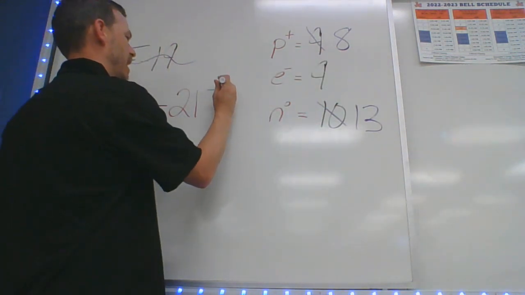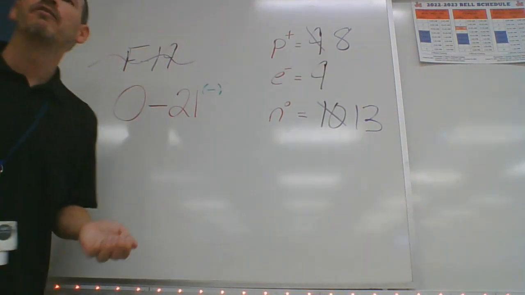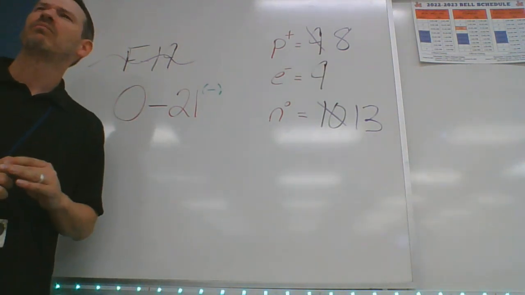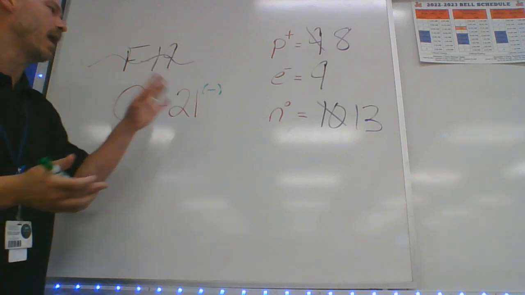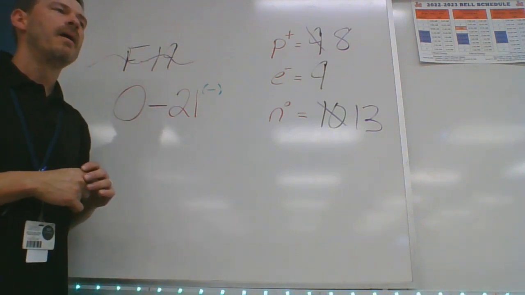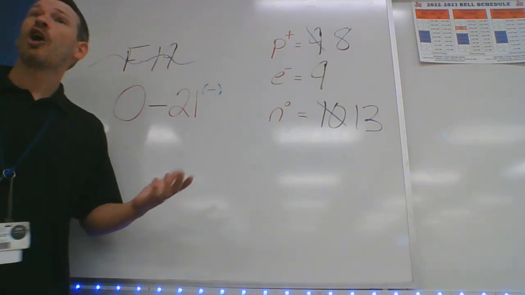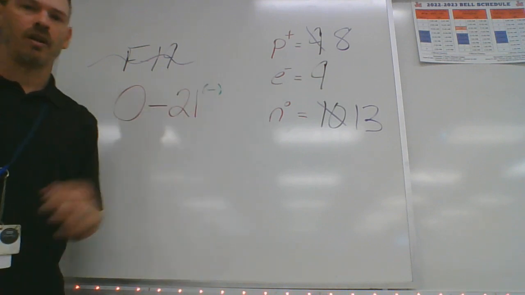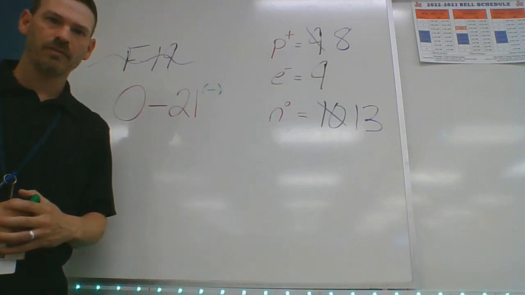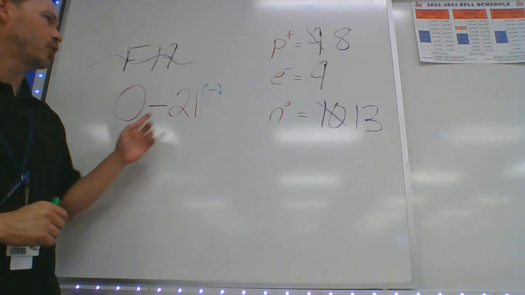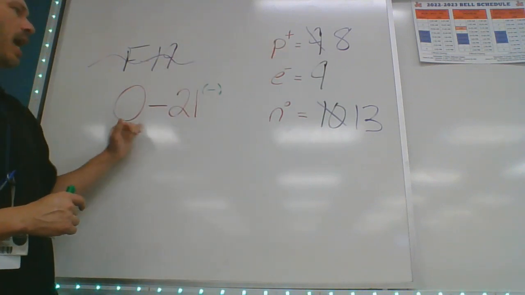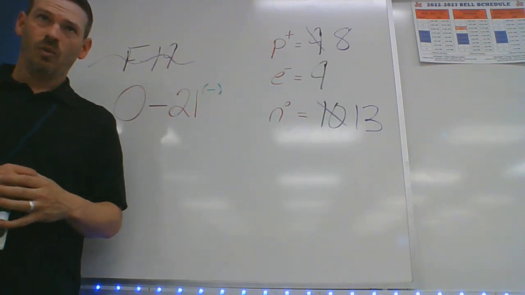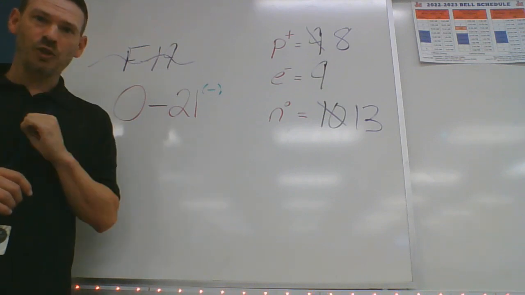So he would have then a -1 charge. You don't have to put the 1. If there's lack of a number, it's assumed 1, but whatever. You can put -1. But he would have a negative charge because there's one more electron than there is proton. So the answer from this change, oxygen 21 with a negative charge.